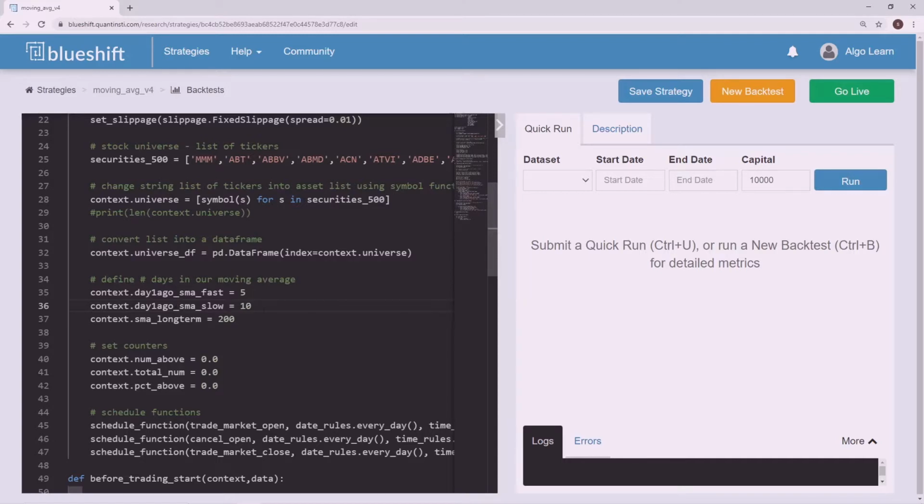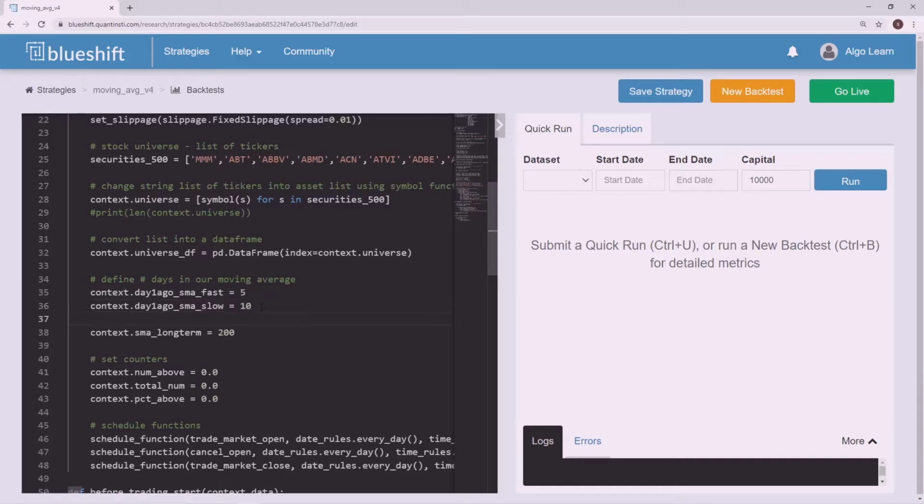All right. So now that we have those, let's create context.day_2_ago_SMA_fast equals context.day_1_ago_SMA_fast plus 1.